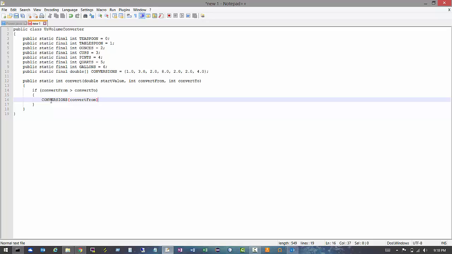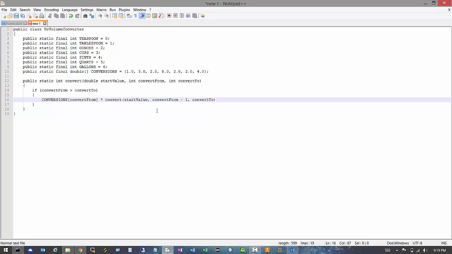We take that first conversion factor that converts gallons to quarts or quarts to gallons, and we multiply that times convert, start value, convert from -1, comma, convert to.